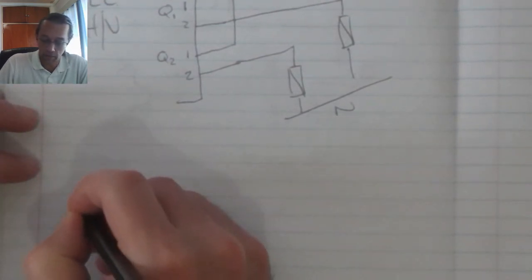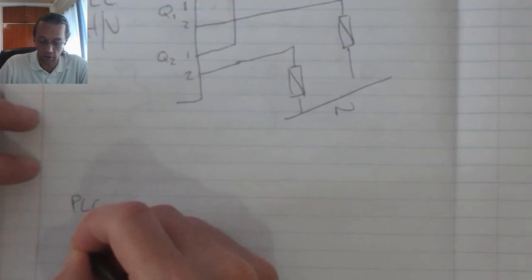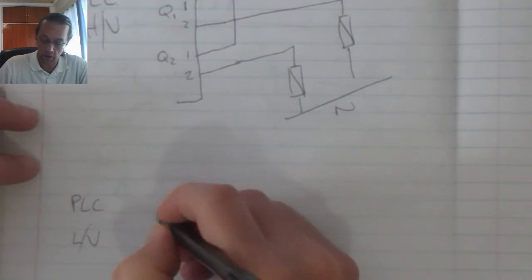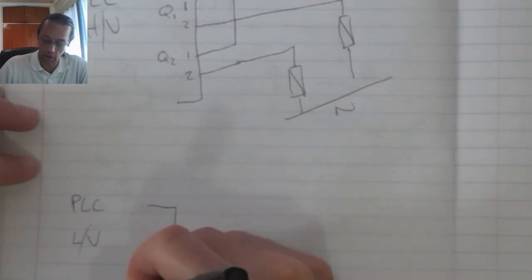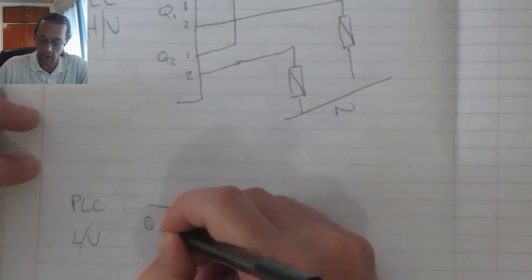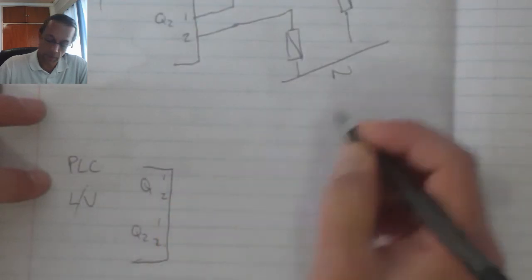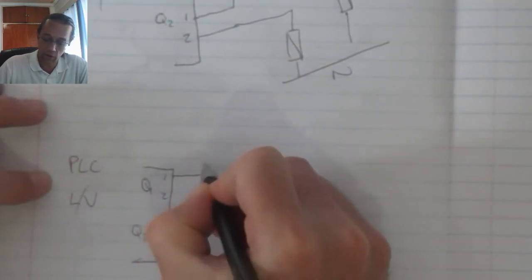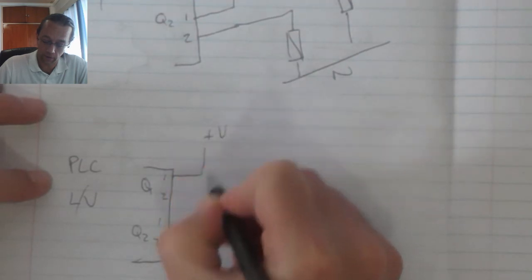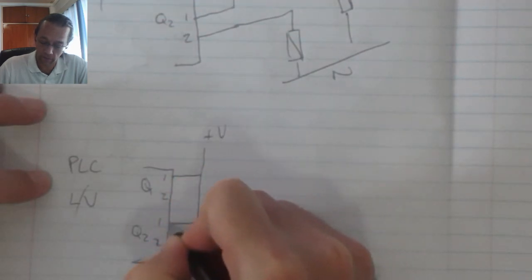So for a PLC with a low voltage output, that PLC will have Q1's terminal 1 and 2, and Q2's terminal 1 and 2. And terminal 1s will connect to the positive supply voltage.